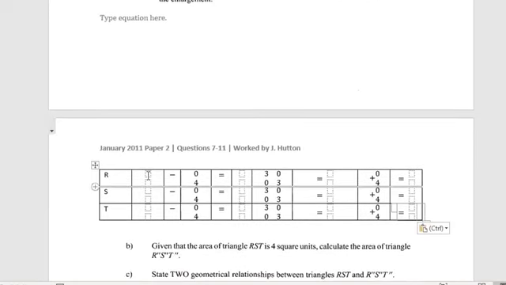So the original coordinates for R was 2 and 4. For S, it was 3 and 7, and for T, it was 5 and 5. So we'll go ahead now and subtract the center that is given. We're doing 2 minus 0 to give us 2, and 4 minus 4 to give us 0. And then I'm going to multiply this by the matrix of enlargement, which is a scale factor of 3.